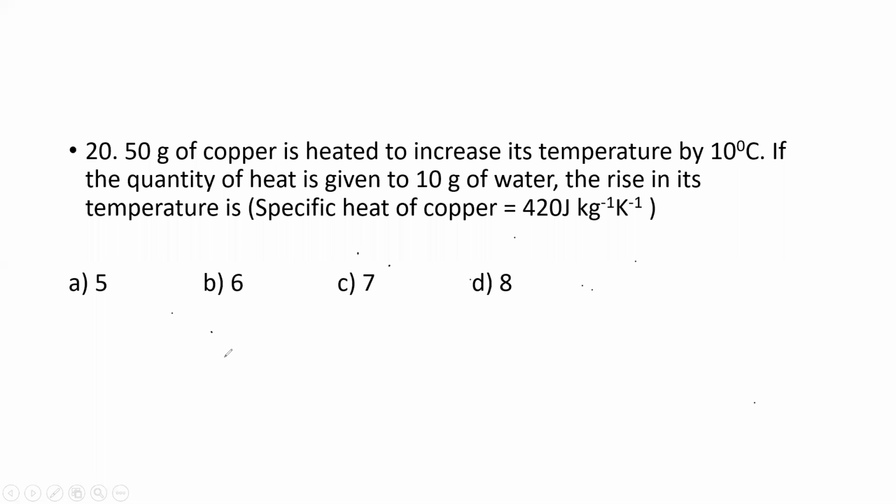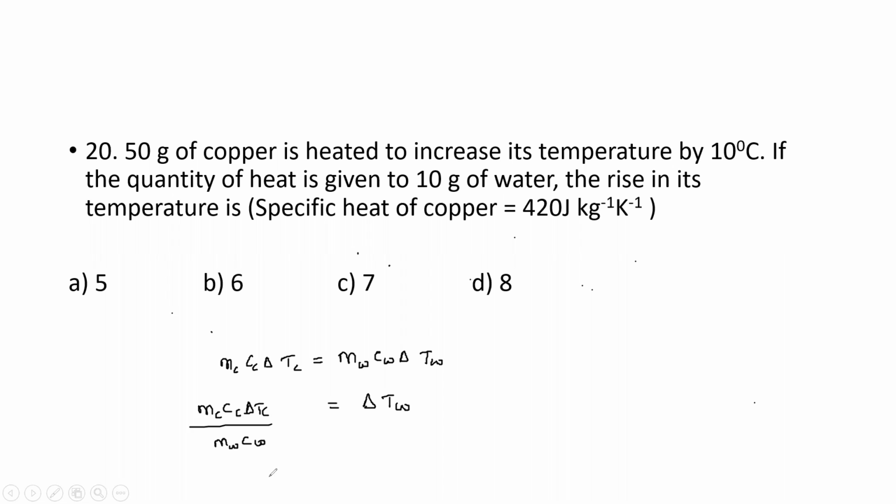So we have mc into delta Tc is equal to, that is in water, mw into delta Tw. Simplify this for delta Tw is equal to mc into delta Tc divided by mw into Cw.